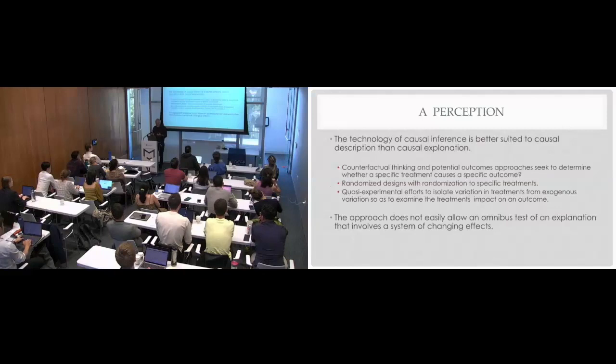Counterfactual thinking and potential outcomes approaches seek to determine whether a specific treatment causes a specific outcome. Randomized designs with randomization to specific treatments. Quasi-experimental efforts to isolate variation in treatments from exogenous variation so as to determine the treatment's impact on the outcome. The approach does not easily allow for an omnibus test of an explanation that involves a system of effects that might be changing over time.